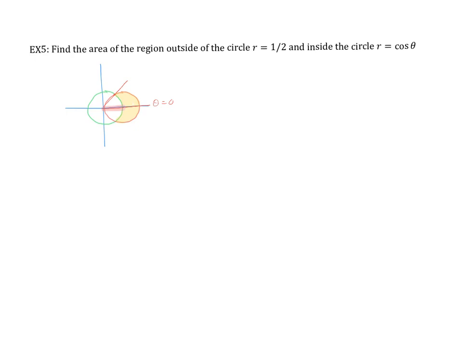To find that, I can do this algebraically. All I have to do is set the two equations equal to each other. So let cosine of theta equal 1/2. And then I can see that theta would have to be pi over 3. So this is theta equal to pi over 3.